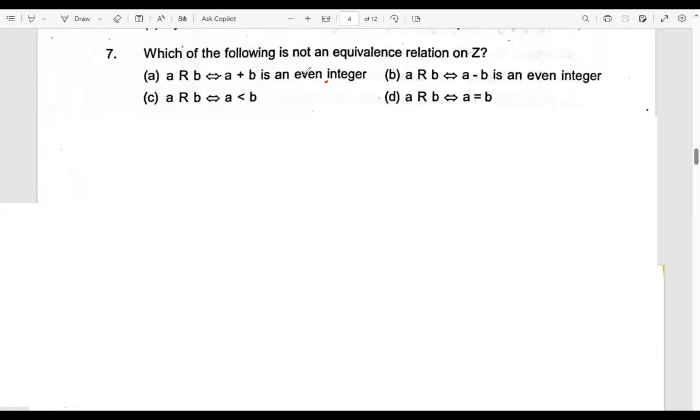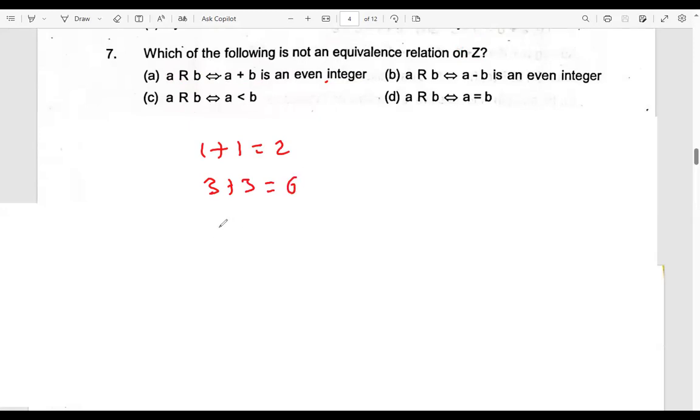Now on question number 7, we have to figure out which of the following is not an equivalence relation on integers. It says a R b implies that a plus b is an even integer. We know that if I add 1 plus 1, we are getting 2, or maybe any odd integer, I'm getting an even integer.